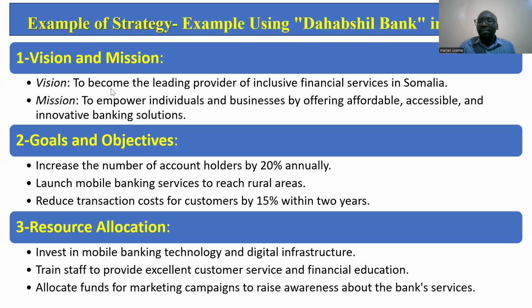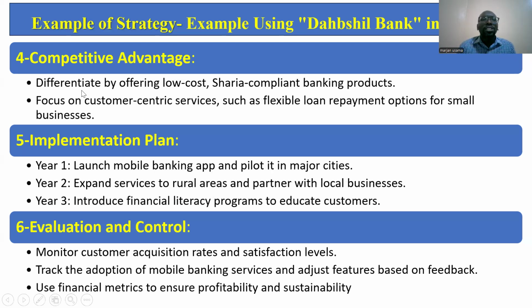Now, after the resource allocation, now we have the competitive advantage. So, for example, Dahabshil differentiates by offering low cost, Sharia compliant banking products. Today, you seated there in that chair, you need to ask yourself, what makes your business unique?